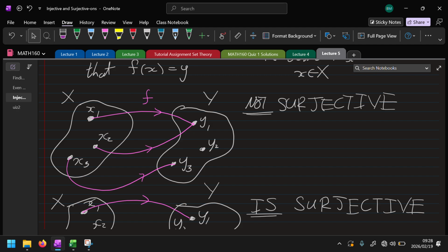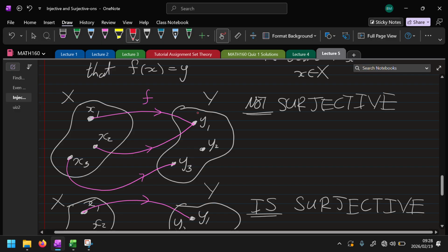Look at the definition. Is y1 in the range? Yes. Is y2 in the range? No, there's nothing mapping to it. It's not in the range. Is y3 in the range? So we have this subset, y1, y3, that makes up the range. y2 is not in the range.